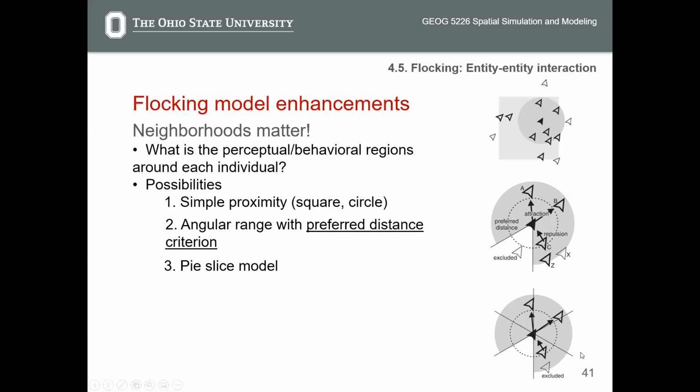For example, you can use slices and distance to define neighbors. For example, I would say 1, 2, 3, 4, 5, 6. We have 6 slices, but only this slice of pie is excluded from the neighborhood. So which means the rest 1, 2, 3, 4, 5 slices, they are considered neighbors.